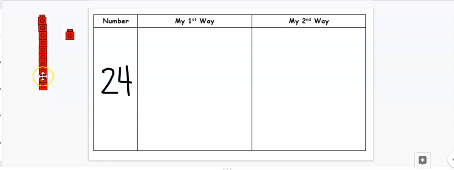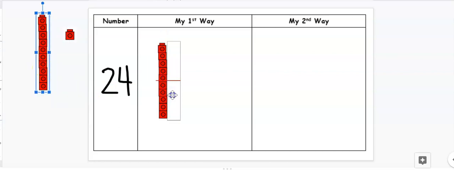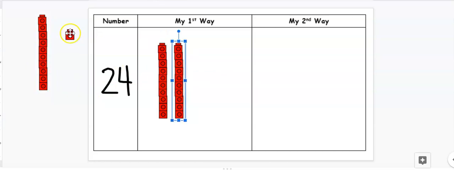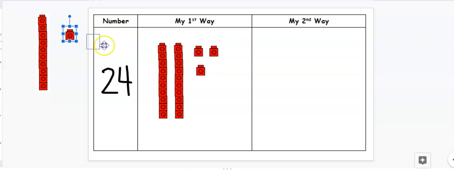ways. So I can move this over 10, and I'm going to use two tens, 20, and I'm going to use some ones, 21, 22, 23, 24. Now, do I have 24?